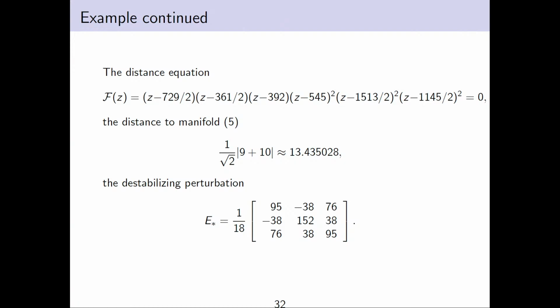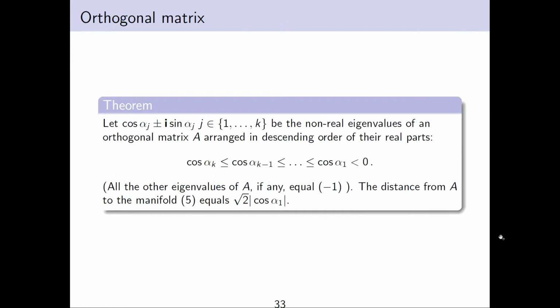This is the case of symmetric matrices. And this is the second case that we considered, the case of orthogonal matrices, and the theorem that helped to express the distance to the manifold of matrices with two eigenvalues of opposite signs via eigenvalues of a given matrix.